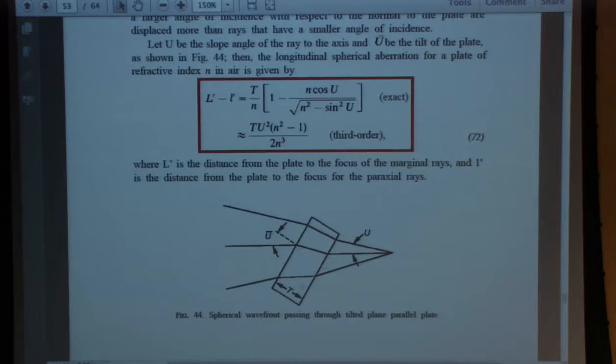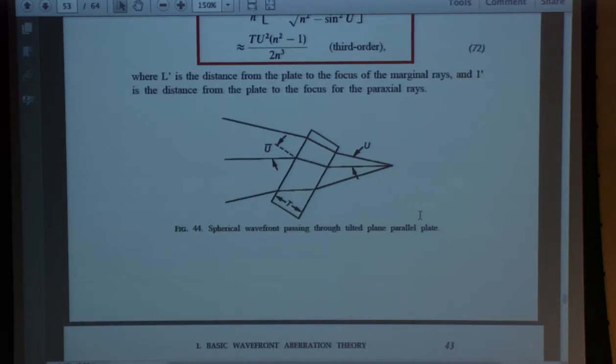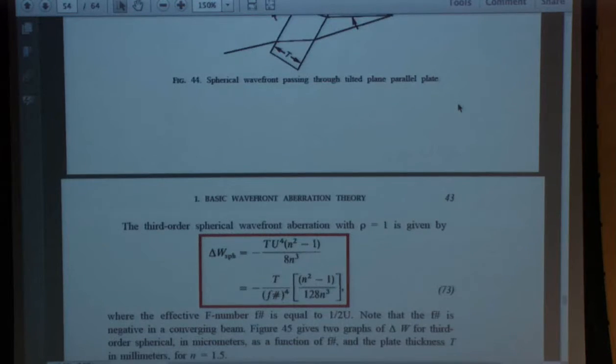If I'm at normal incidence, I'll get only spherical aberration. And if I'm at something other than normal incidence, which I always am with a beam splitter, then I'm going to get coma and astigmatism.